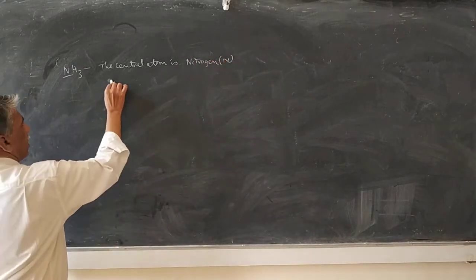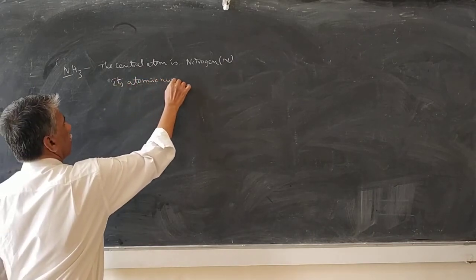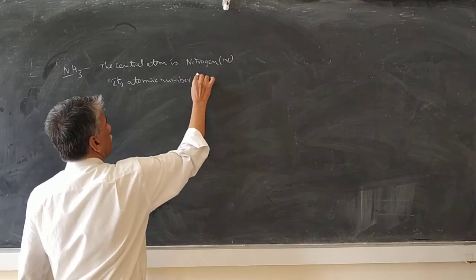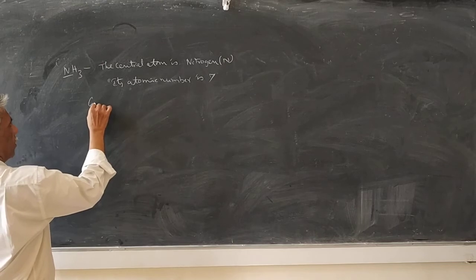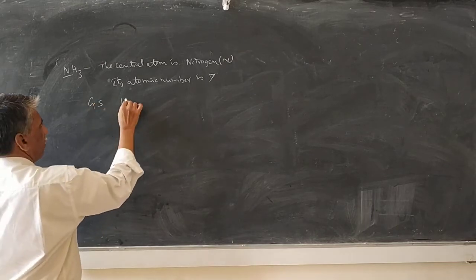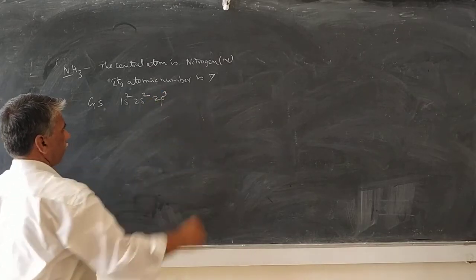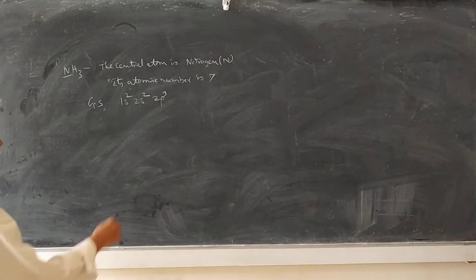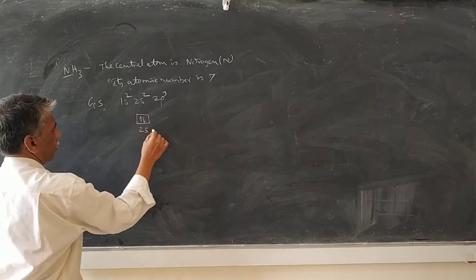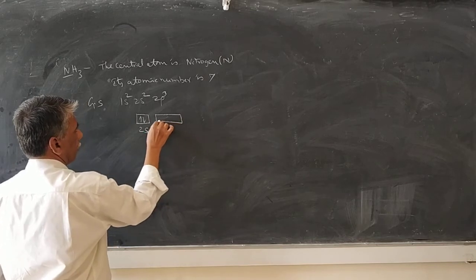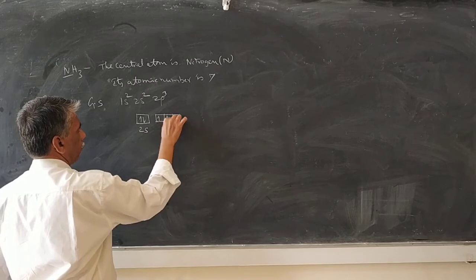First, its atomic number is 7. Therefore, its ground state electronic configuration is 1s2, 2s2, 2p3. Let me write. This is 2s. This is 2p: 1, 2, 3.